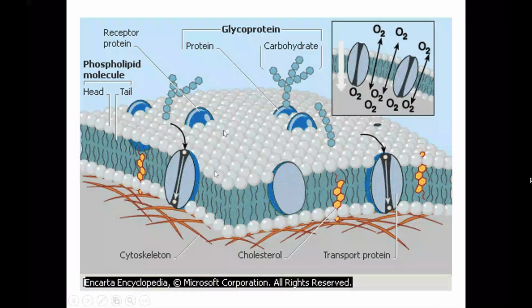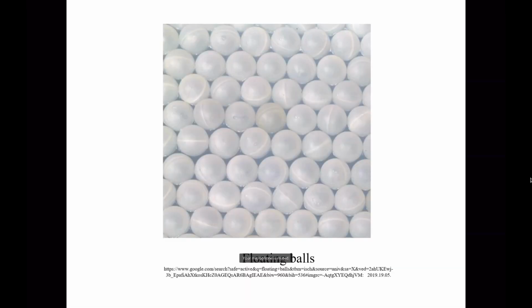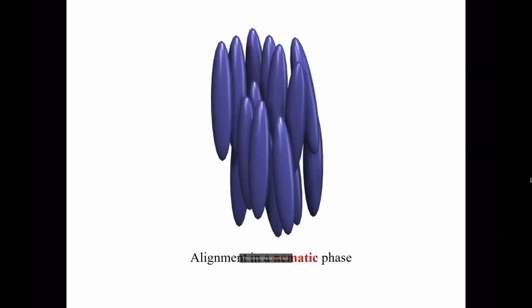Actually, this is a crystal, but not the crystal that we understand as a solid crystal. This is a crystal that is named a molecular crystal. This is a model of the molecular crystal when the molecules are assembled together, but in the same direction.